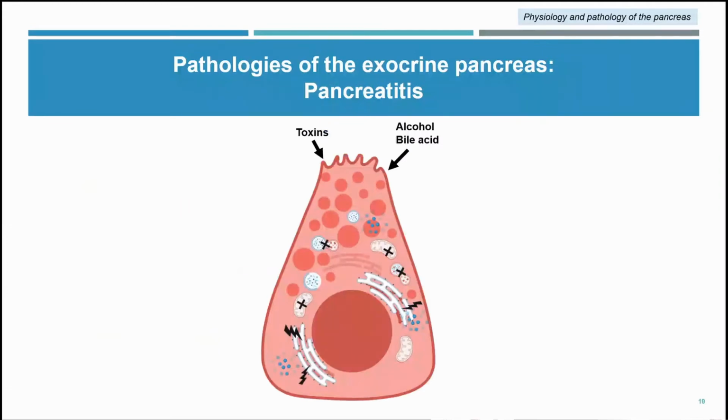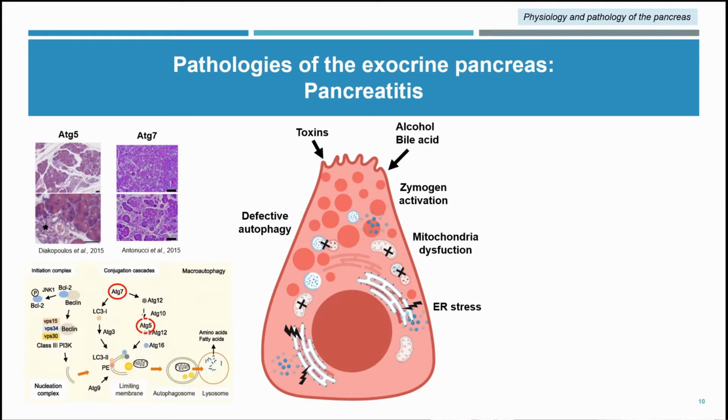There are many risk factors for developing pancreatitis. We still don't know its exact origin, but there are several cellular processes that could be at its cause, such as zymogen activation, mitochondrial dysfunction, endoplasmic reticulum stress, and defective autophagy.